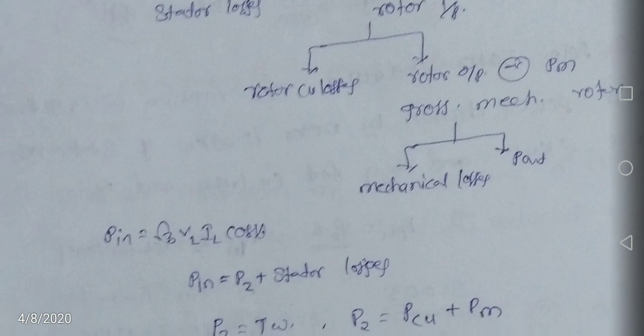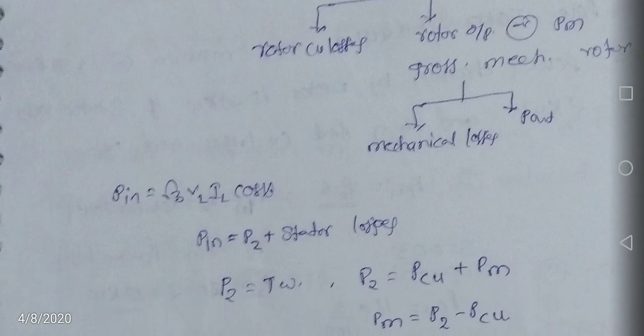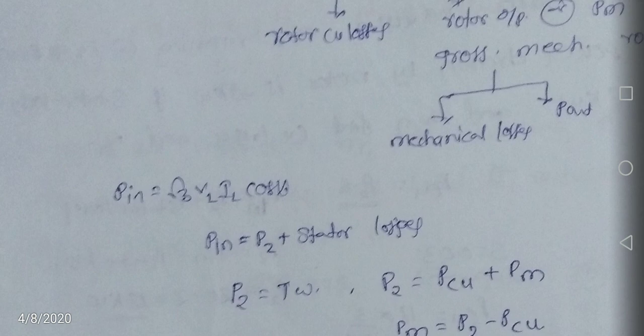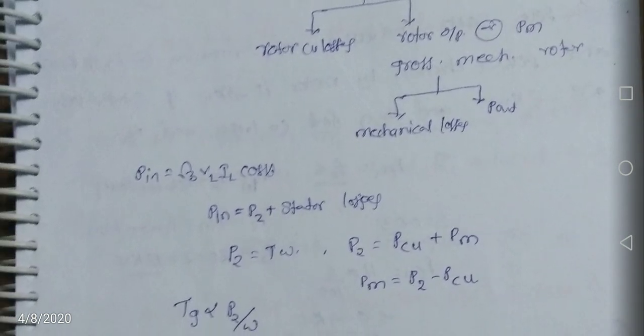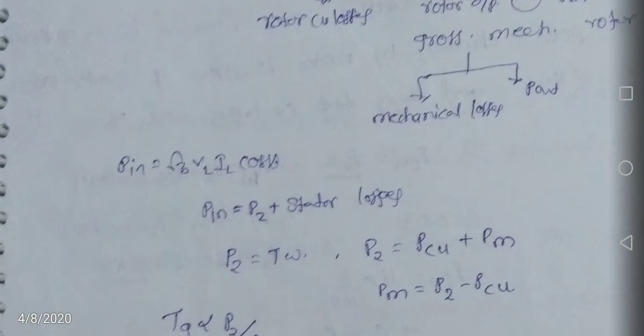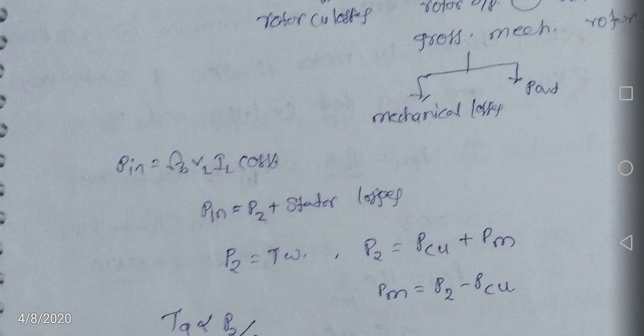As we know, the input power P1 equals root 3 VL IL cos phi. P1 equals P2 plus stator losses.